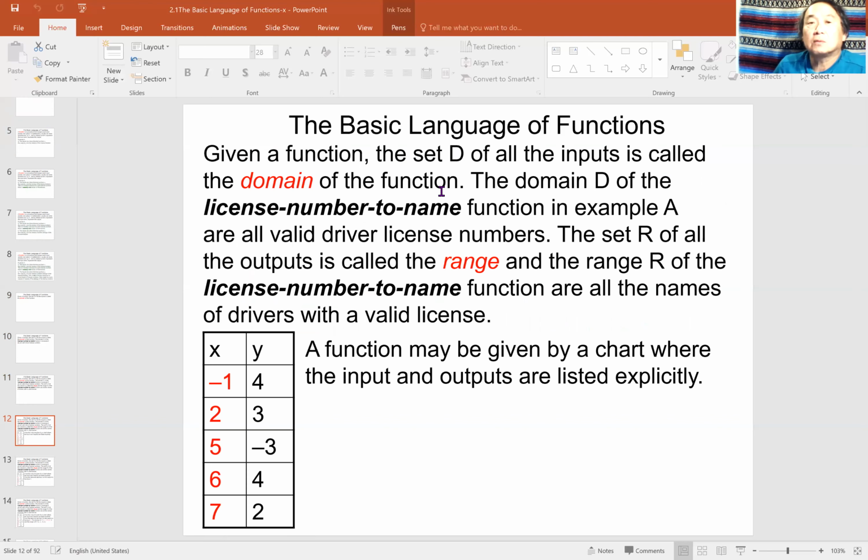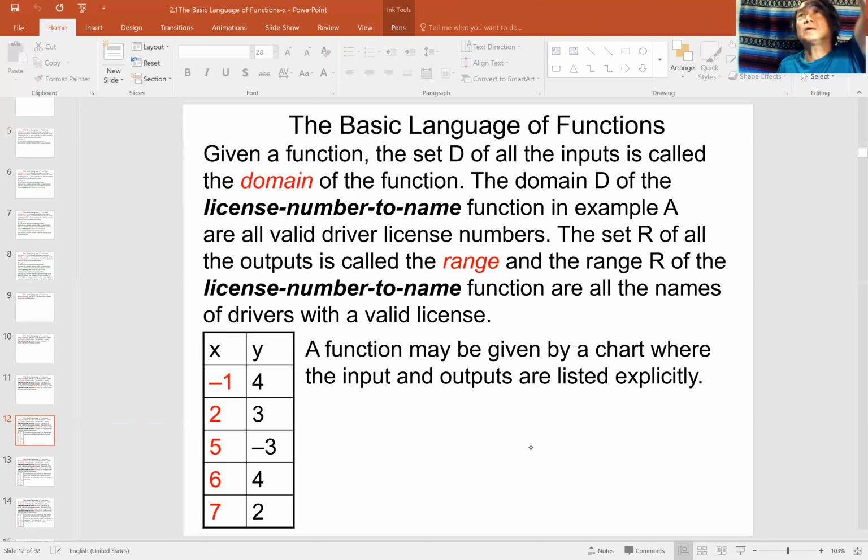There are many ways to express functions. One way is to make a table. In the table, the left-hand side, the x, is the input, and the right-hand side is the corresponding output. So this table explicitly tells you that if the input is -1, the output is 4. It's a list. A real-life correspondence of this table is a menu. You go to McDonald's, there's a menu, and the input doesn't have to be numbers.